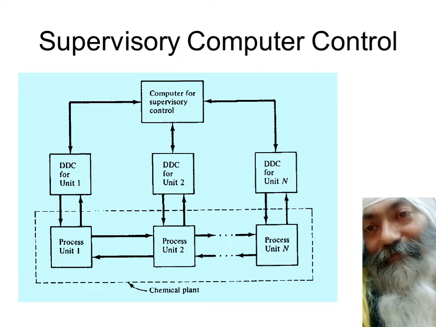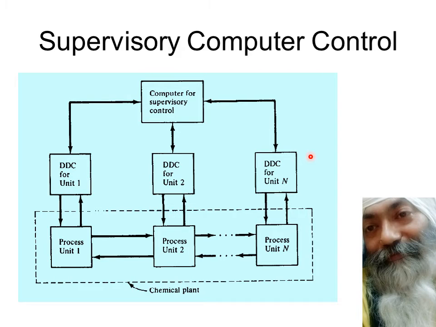The second type of control is supervisory control. Here, instead of having one DDC for the entire plant, we go in for a large number of DDCs for small numbers of units. Let us say we have 1000 units; we go in for say 100 such DDCs, each controlling 10 points.